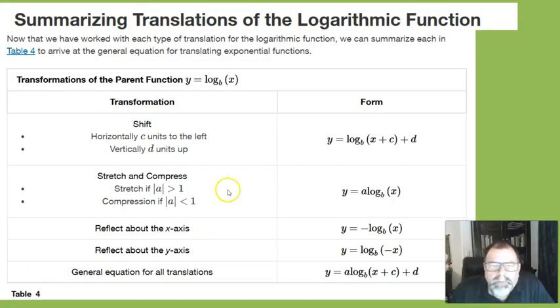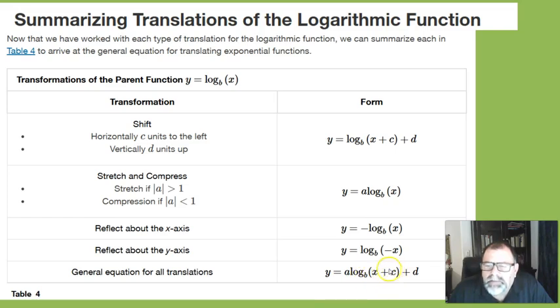Okay, so we pretty much went over all the transformations. This should say transformations. So technically translations are the shifts, and then the other transformations we can have are stretches, compressions, and reflections. So the general equation for all the transformations is y equals a, so that's the stretching or compressing, log base b, and then in parentheses x plus c.